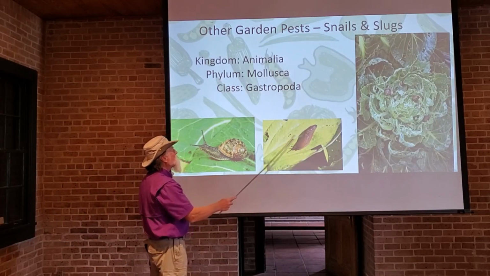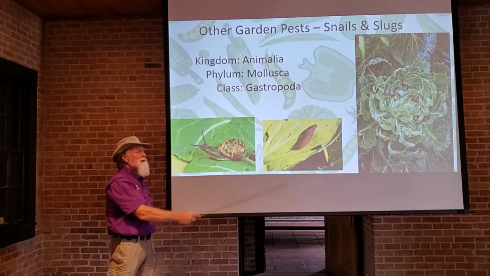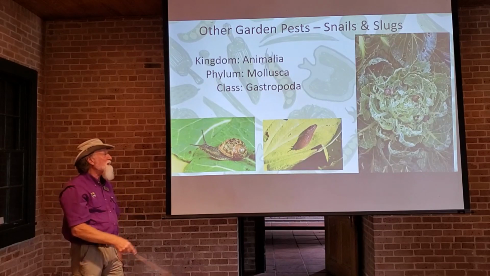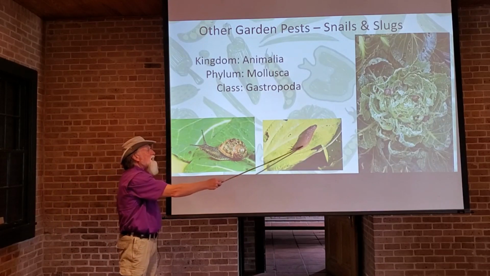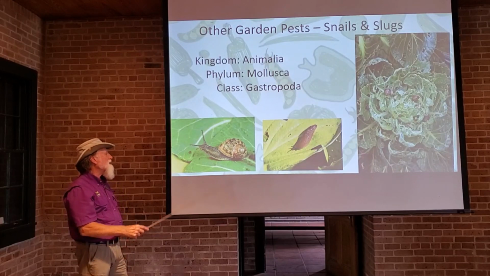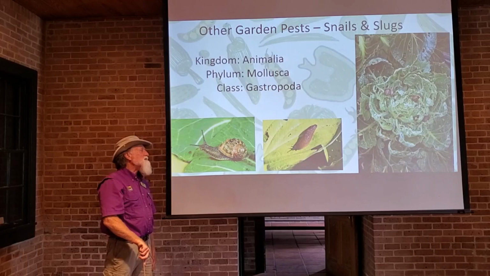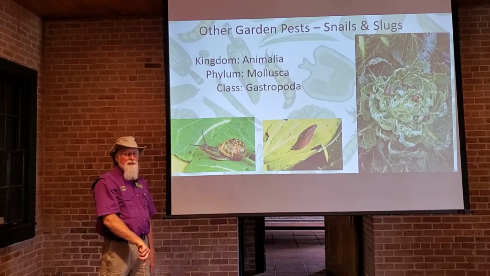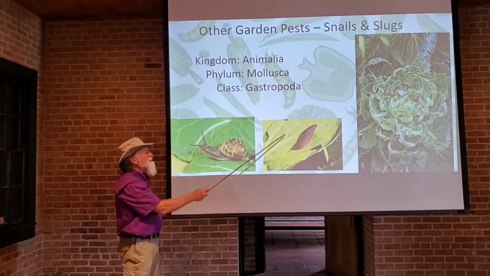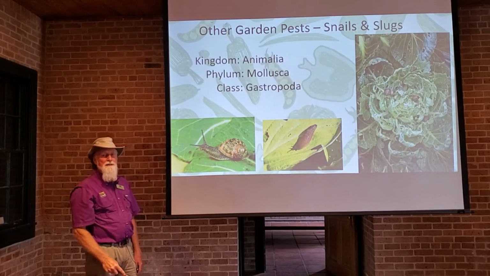But if you ever notice, as snails and slugs crawl along, they leave a slimy trail behind, because it's this slime that they're producing that lubricates their path as they move along the leaf. So a telltale sign that it's slugs or snails causing damage to your plants and not caterpillars is that you can see that silvery trail along the leaf.